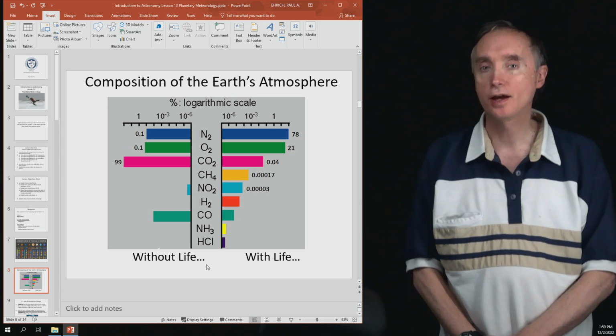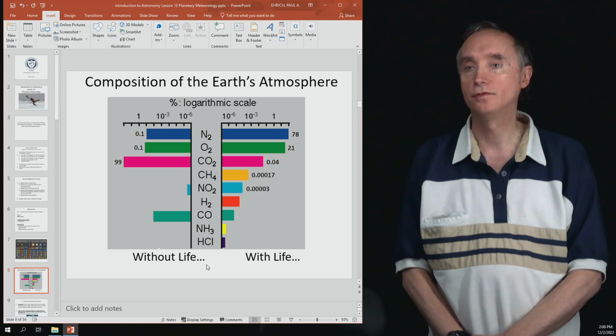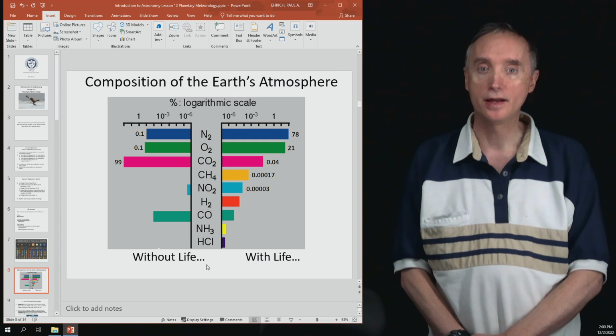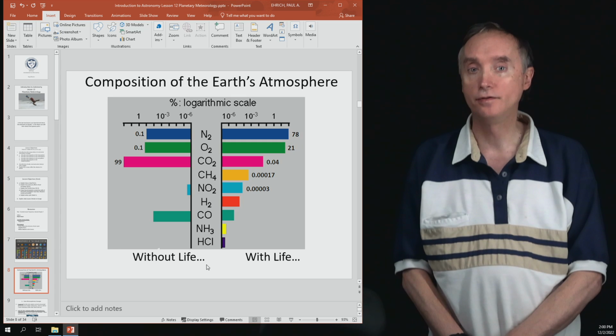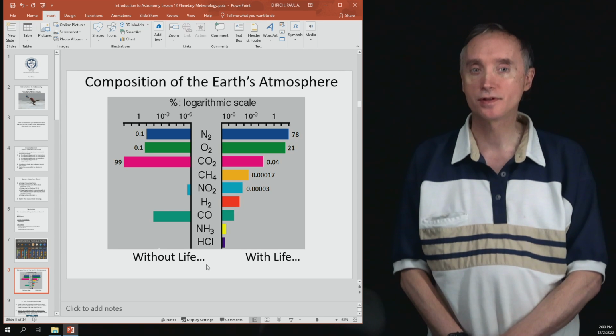Now let's look at what would the Earth be like if there was no photosynthesis going on. And you might be looking at that green bar there and say, oh, the Earth would have a lot of oxygen because that bar is the same length as the other bar. But no, notice up at the top it says logarithmic scale.